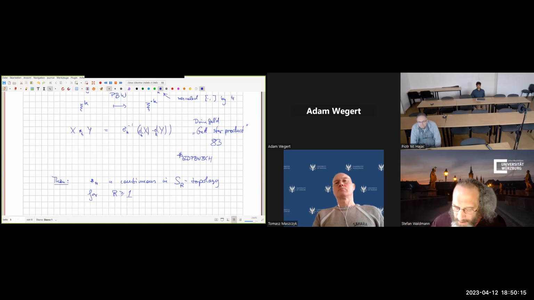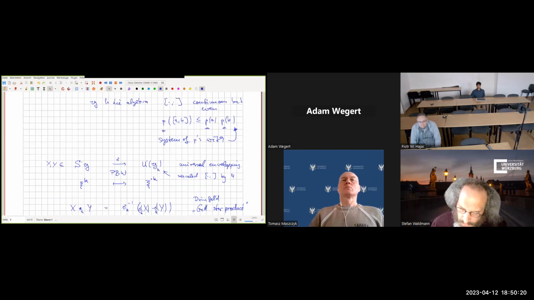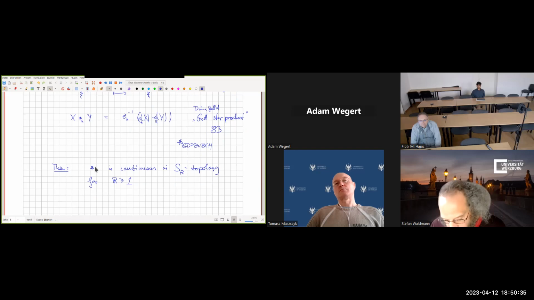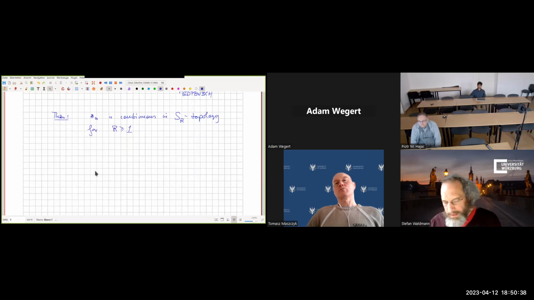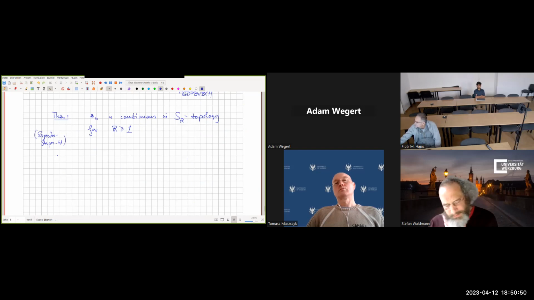Nevertheless, you have continuity, and I think this is a funny result because it gives you a way to turn the universal enveloping algebra into a locally convex algebra, and you can complete it with a continuous product. So it might even be useful to do Lie theory. That's an example which we found with Chiara Esposito some years ago.